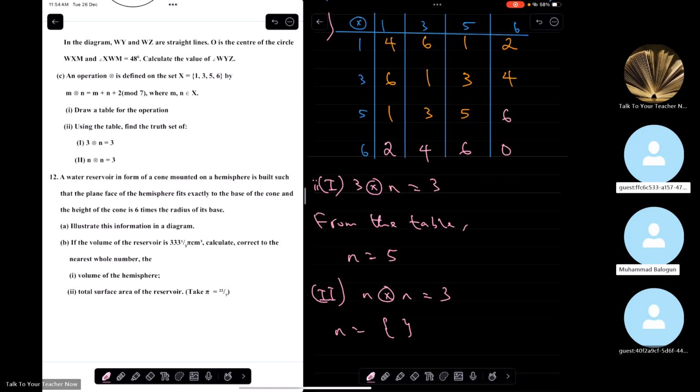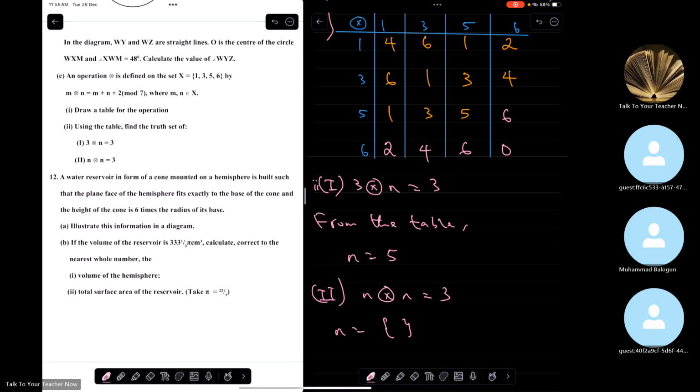If the volume of the reservoir is 1/3 pi centimeter cubed. That's unfair. You don't say that. I don't know why you all don't really like yourselves. Now let's go.